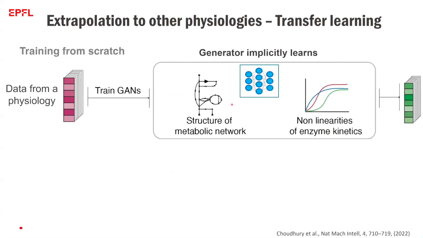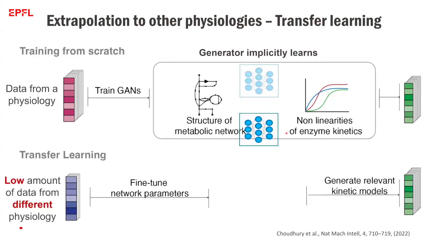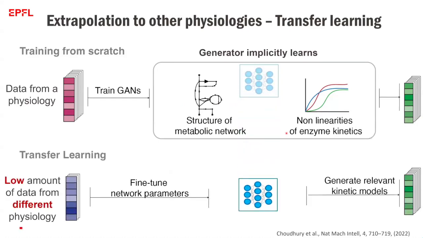So if I take this generator, which already learned the structure of the network and nonlinearity, and use just a few data from a different physiology, then the hope is that my GAN will just fine-tune the actual values of the parameters, whereas it doesn't need to learn the structure and the nonlinearities from scratch.